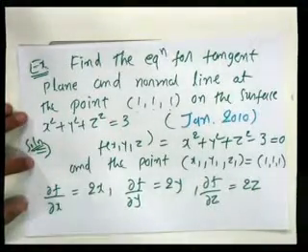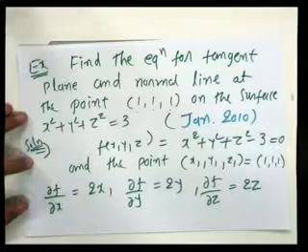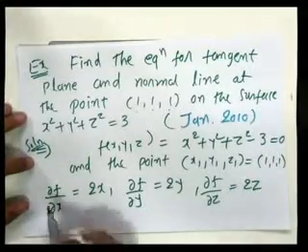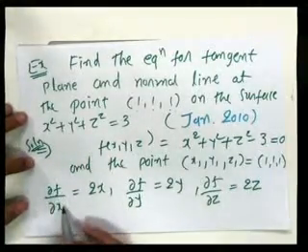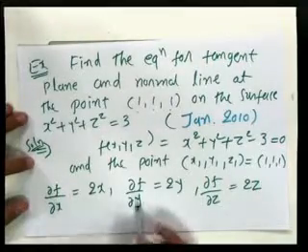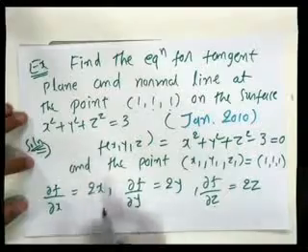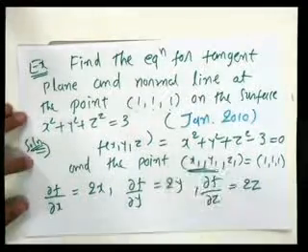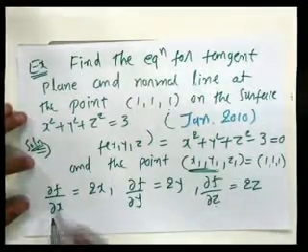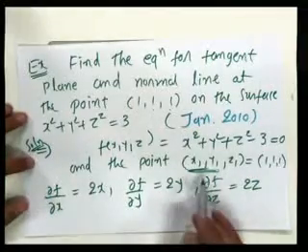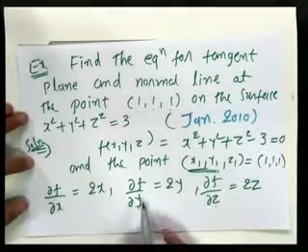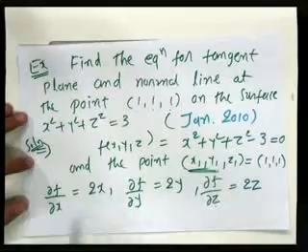To find the tangent plane and the normal line, we need to find the partial derivative of f with respect to x, y and z, but at the point x1 y1 z1. So now we need to find del f by del x at the point x1 y1 z1, and in the same way del f by del y and del f by del z.